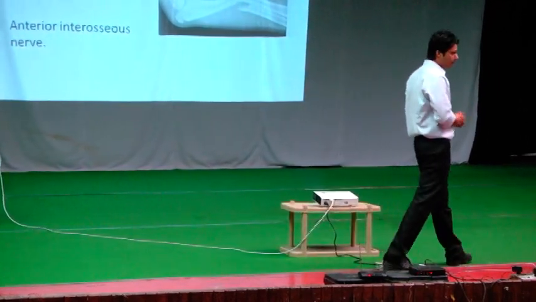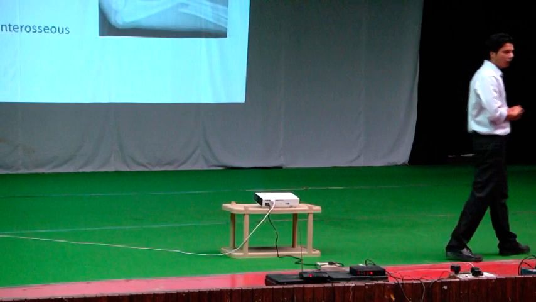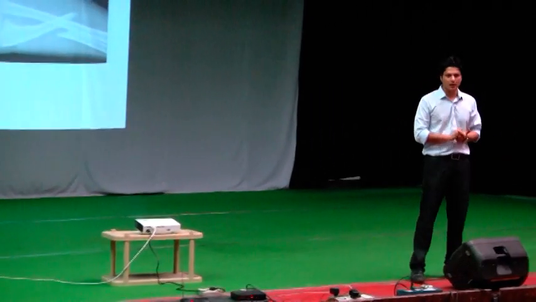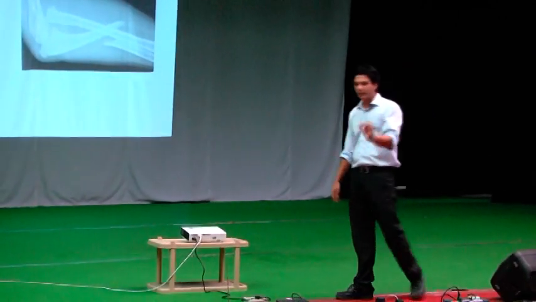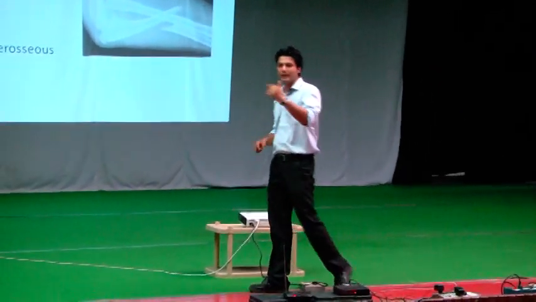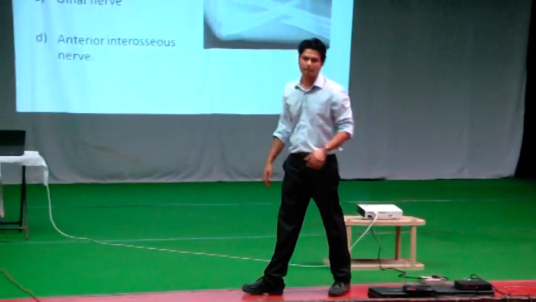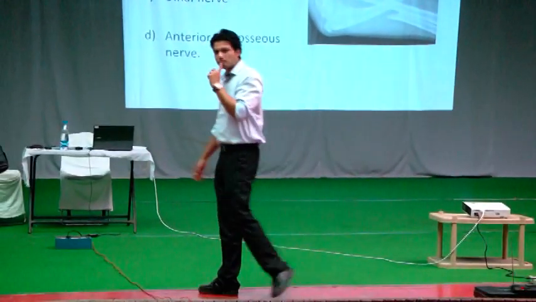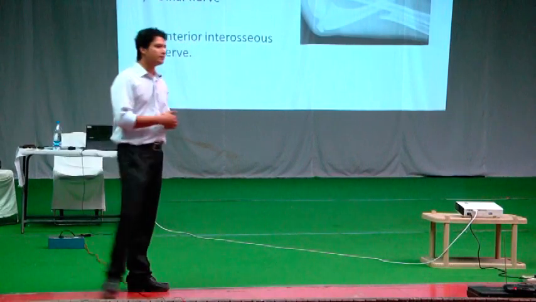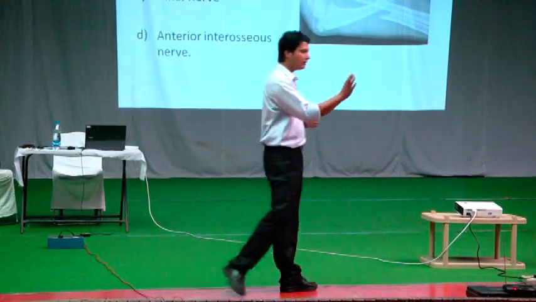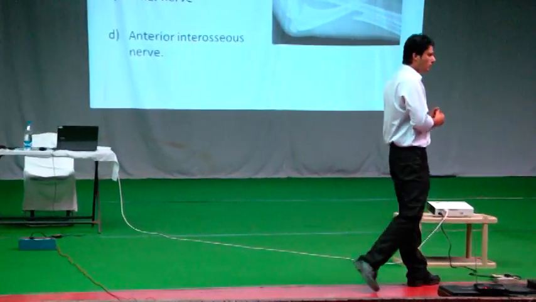Which of the two hips, left and right, is more commonly involved in acetabular dysplasia? Means DDH, developmental dysplasia of hip, is more commonly affecting left hip or the right hip? Left hip is more commonly affected. Any reason for that?